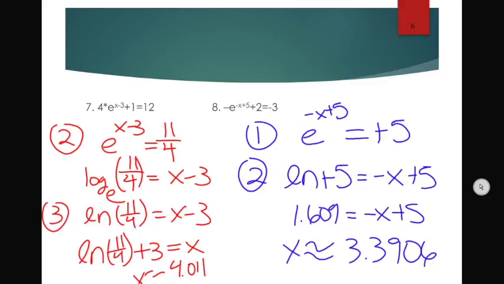Hopefully you got x is approximately 3.3906 if we're rounding. Okay, so exponents very similar to solving logs, same kind of steps other than when we rewrite, we're going to rewrite as a log since the inverse of exponents is logs.